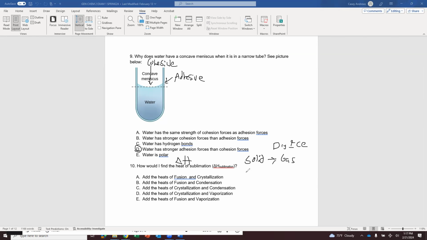So the heat of going from a solid to a liquid, then to a gas is equal to going from solid to a gas directly. Going from a solid to a liquid was fusion. Going from a liquid to gas was vaporization. So I'm looking for adding the heats of fusion and vaporization. That is E.